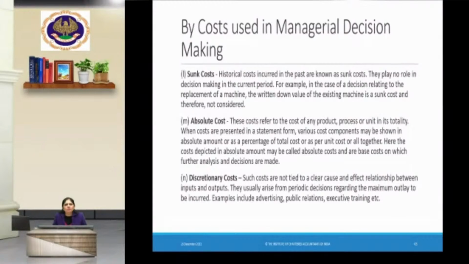I cannot measure. So discretionary cost is one where the management has taken a decision out of its own will that, okay, spend 5 lakh on research and development. Can we measure how much that 5 lakh or 10 lakh of research and development or advertisement has contributed to my sales? We cannot measure. So that is a discretionary cost, all right? Where they don't have a clear-cut cause and effect relationship or input-output relationship.